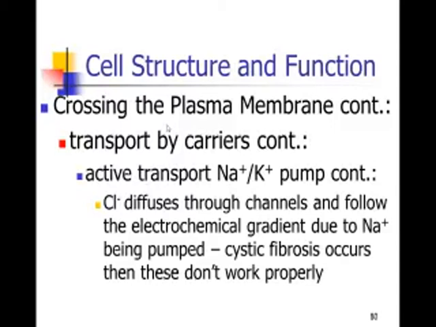Negative ions are going to move through the channels to follow the electrochemical gradient. Because more positive charges are moving out of the cell than moving inward, the chloride diffuses out of the cell to follow those positive charges. In people with cystic fibrosis, this mechanism doesn't work properly, and that ends up being really problematic for them.